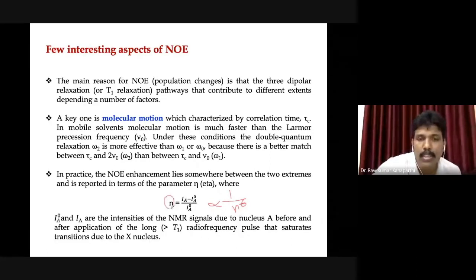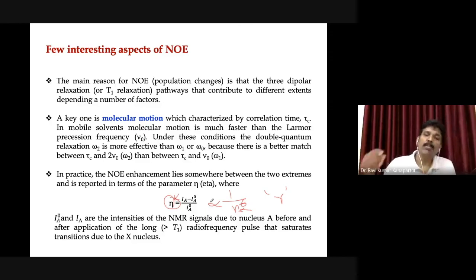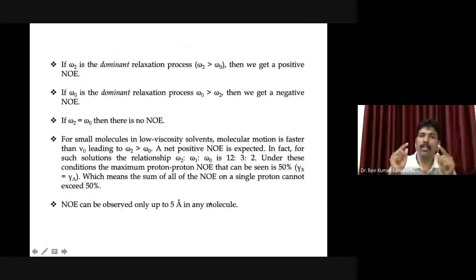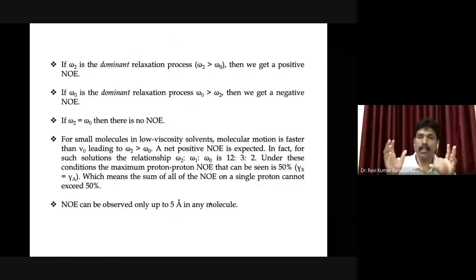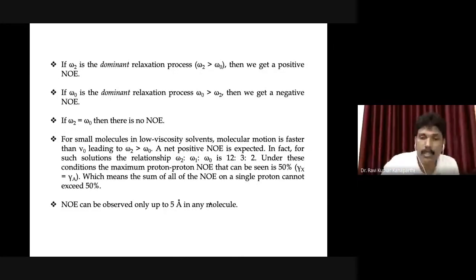If you are able to calculate this from NMR spectroscopy, then you will be able to calculate the distance r. R is known from the NOE experiment. If r is known, then you will be able to say that through space there are two nuclei, they are connected, and the distance between them is this much. How can you calculate it? Because they are related with the distance.